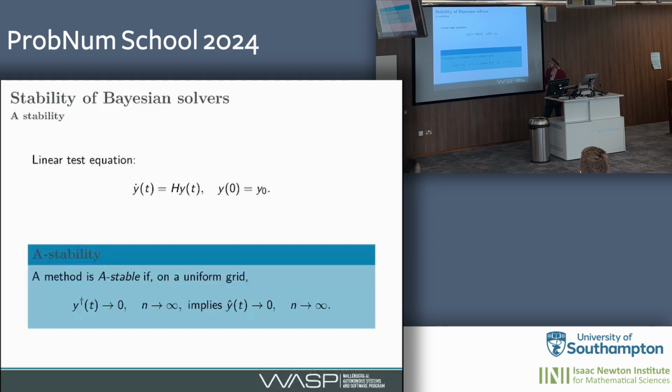Now, the definition of A-stability is: if the true solution dies, then also the solution of your solver should die. And by dying, I mean going to zero as the number of time steps tends to infinity. And you do consider this on a uniform grid.